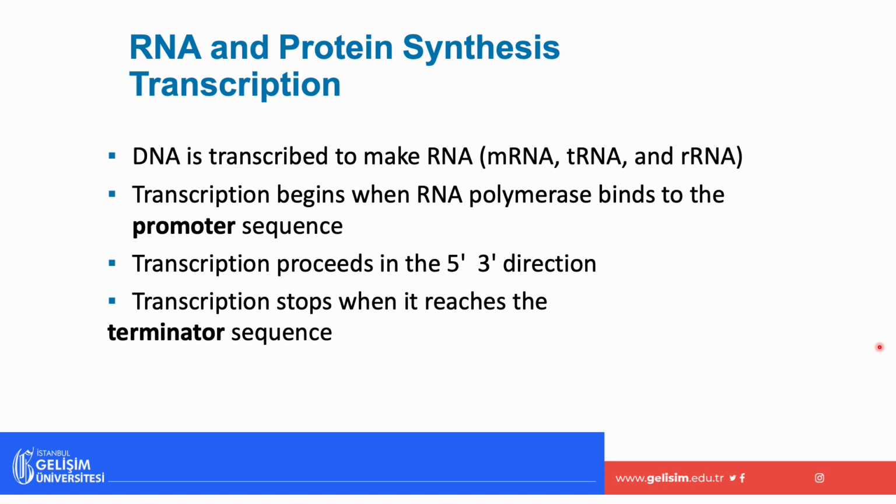And it will synthesize RNA in the 5' to 3' direction. The transcription will continue until RNA polymerase reaches the terminator sequence. And this gives a signal to stop, meaning it's the end of transcription.